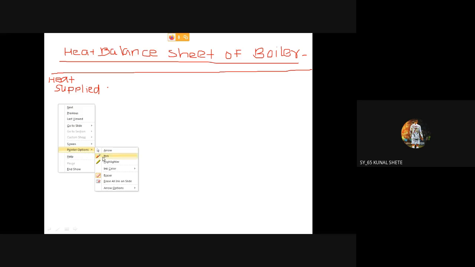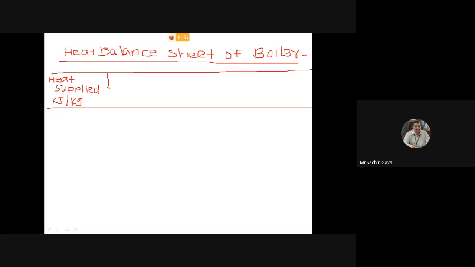From the heat balance sheet, an engineer can get corrective measures for increasing performance of the boiler. Generally, the heat balance sheet of a boiler is drawn on 1 kg of fuel basis. The sample of heat balance sheet on 1 kg of fuel basis is given below. Okay, very good.